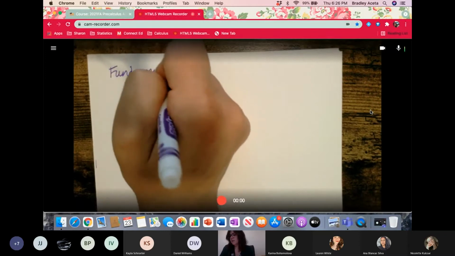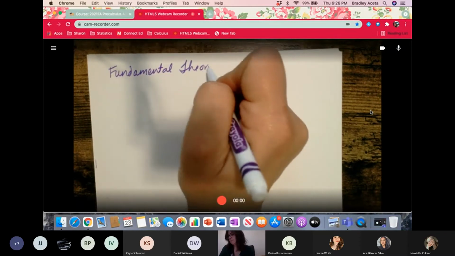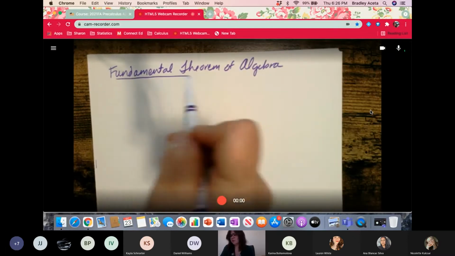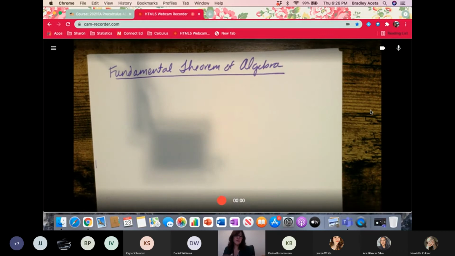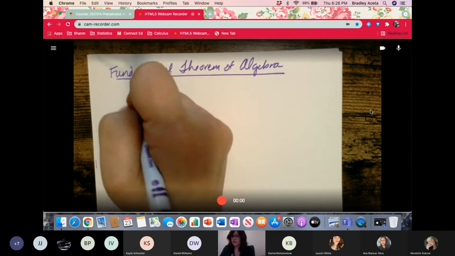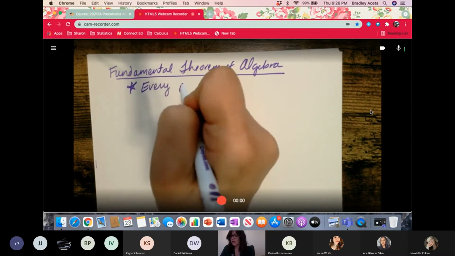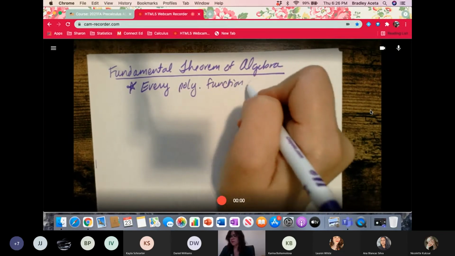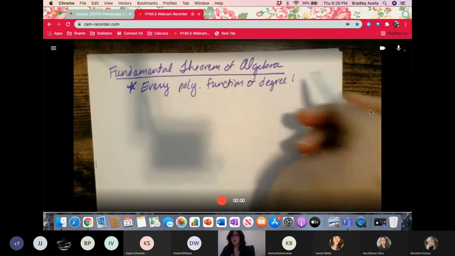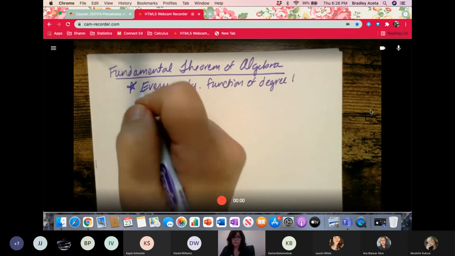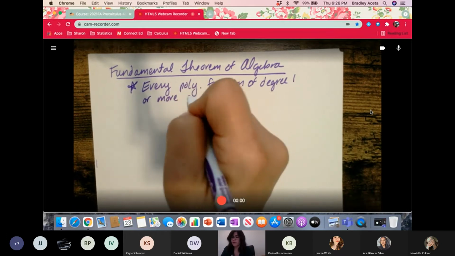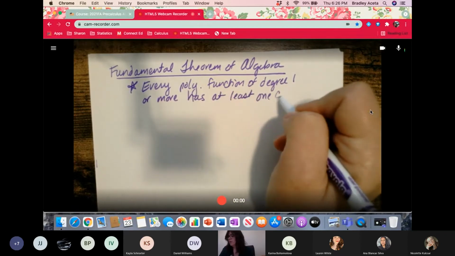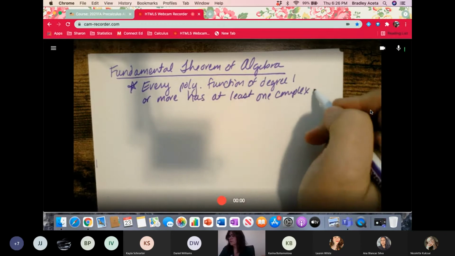There's another theorem called the fundamental theorem of algebra. I'm sure you've been wondering your whole life why we've been doing algebra. Why have I done algebra? And this is why. Because every polynomial function of degree 1, it's got to at least have degree 1 or more, has at least one complex zero.